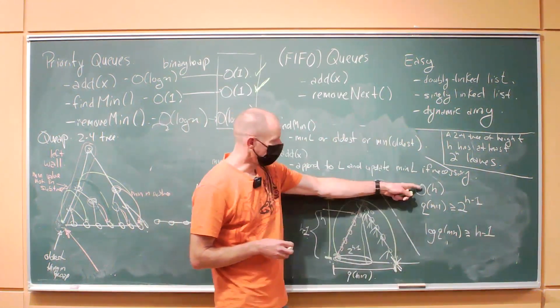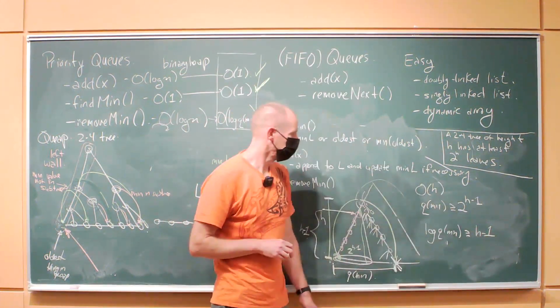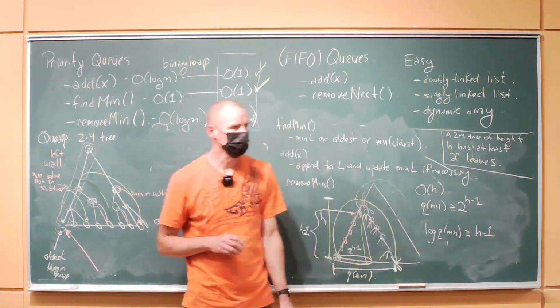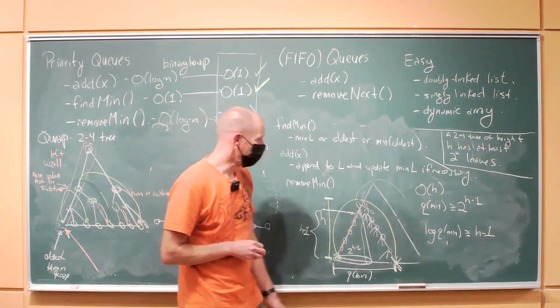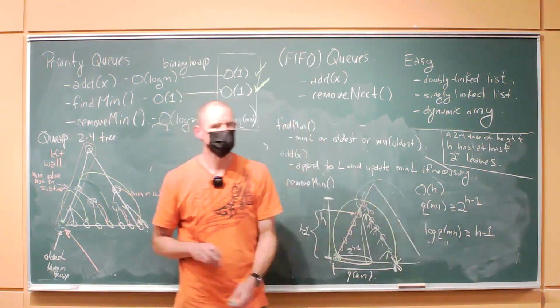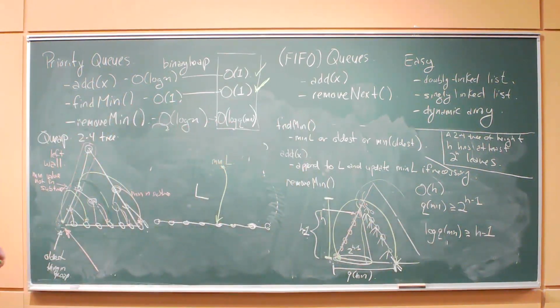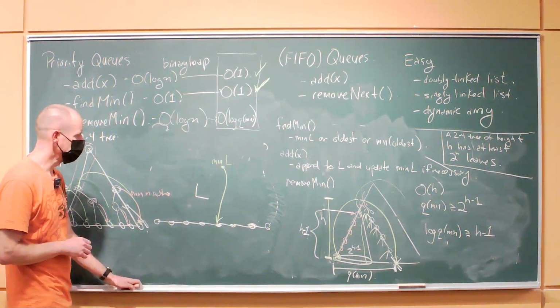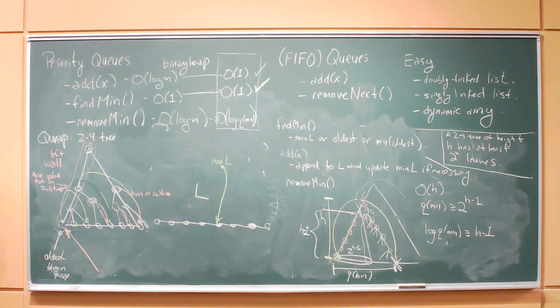And so O of h time is fast enough. Okay. So we need to run in O of log of the Q number of the min time, and we do that. All right. So that's the first case, when it is in the tree, it runs in O of log of the Q number of the min time.